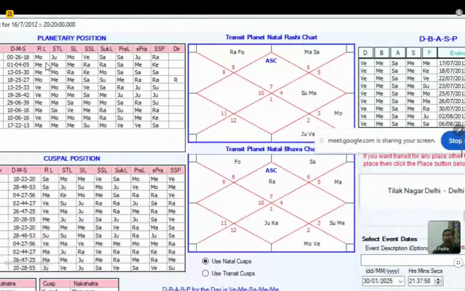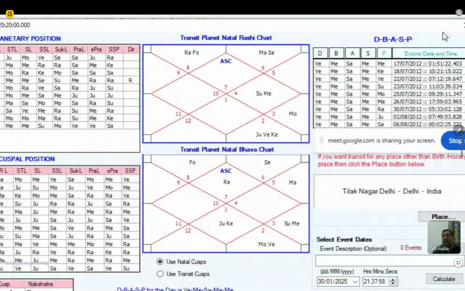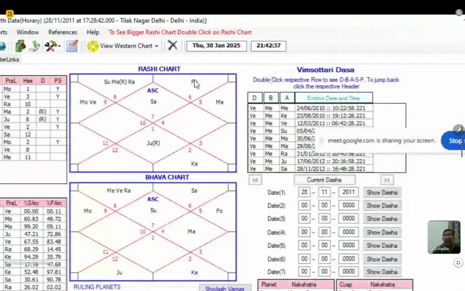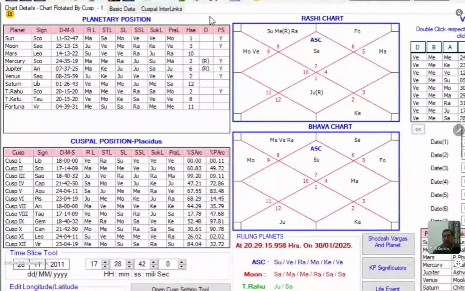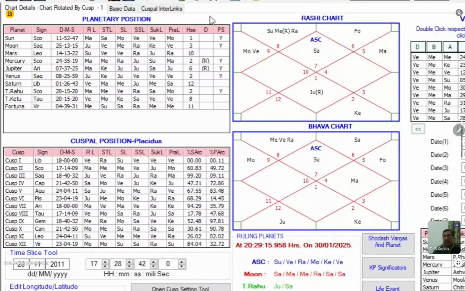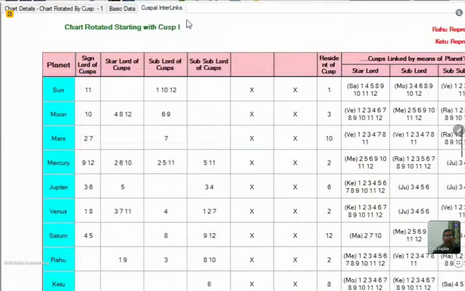Now in Cancer sign, it will remain in the star of Jupiter for how many days? Approximately 3 days. And now what I need to do is check the strength of the stars, because in sign of Cancer you have three stars: Jupiter, Saturn, and Mercury.